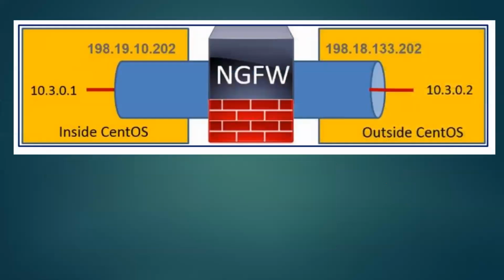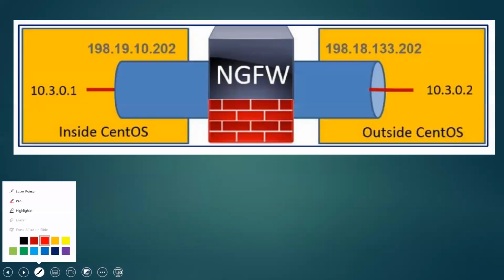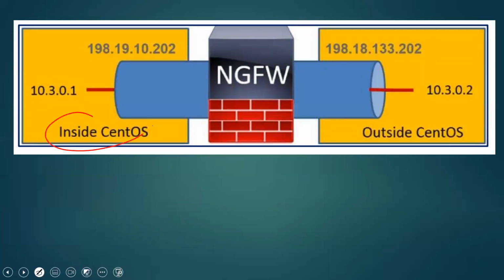Here you can see the diagram I have given. In our lab, we have 2 different Linux operating systems. One device in our lab has the inside Linux operating system, and one is outside. The interface IPs that we have are the inside IP 10.202 and the outside 133.202.